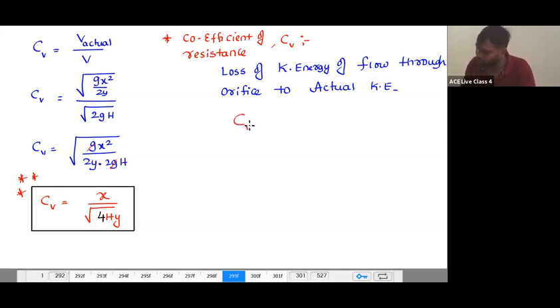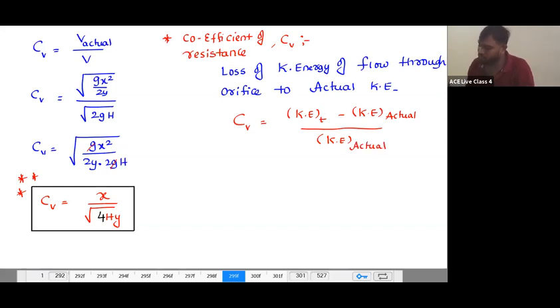So now it is nothing but theoretical kinetic energy minus kinetic energy at actual, by kinetic energy at the actual.